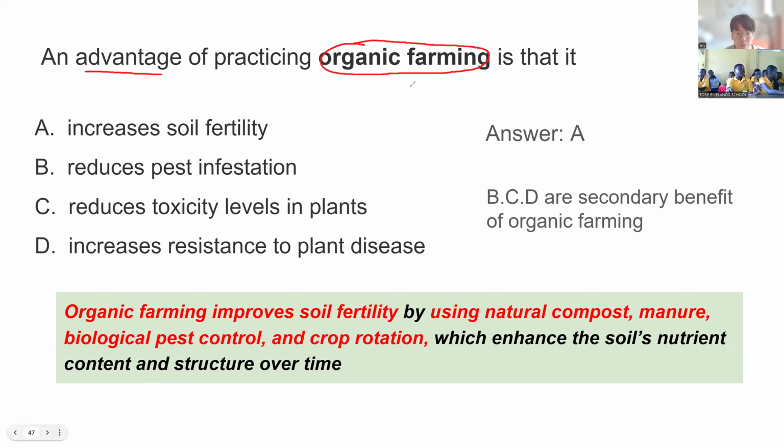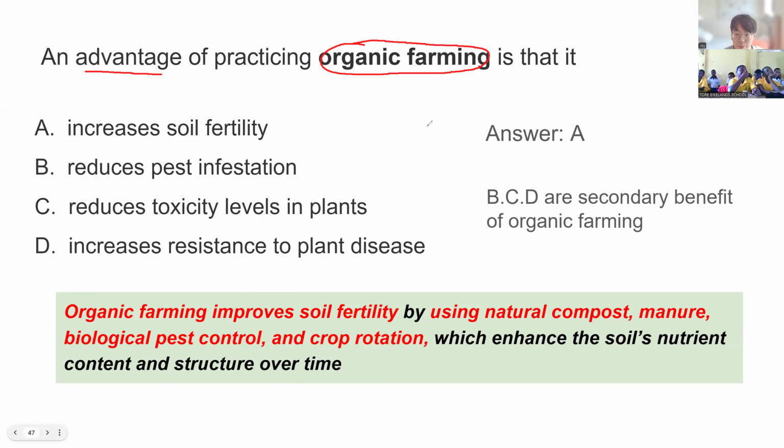Because we haven't talked about organic farming yet, let me quickly explain what it is. Organic farming improves soil fertility by using natural compost, manure, biological pest control, and crop rotation, which enhances the soil's nutrient content and structure over time.